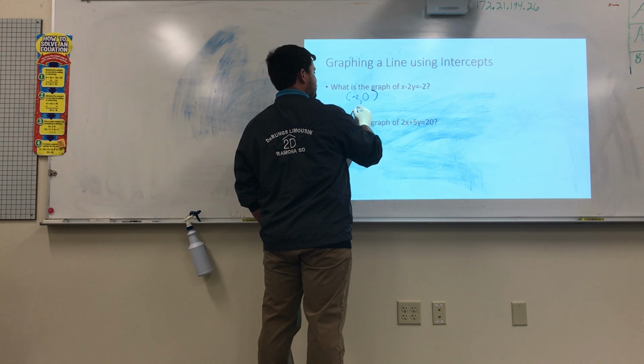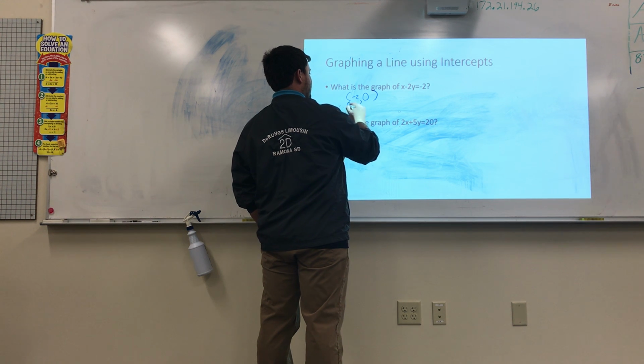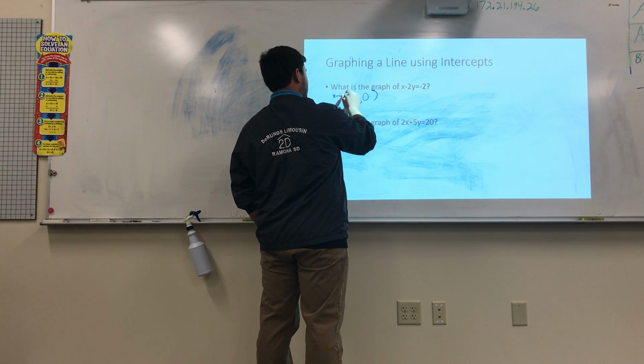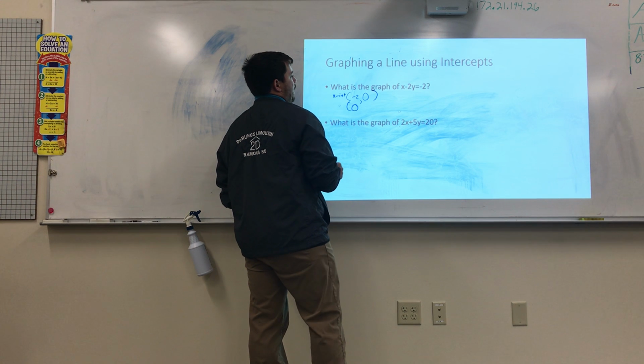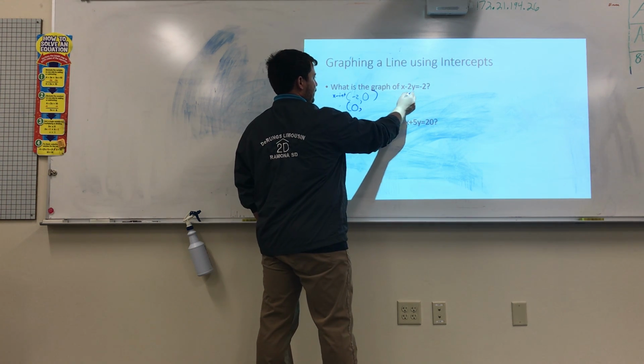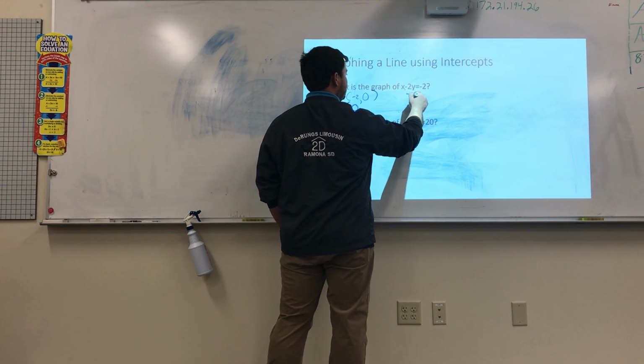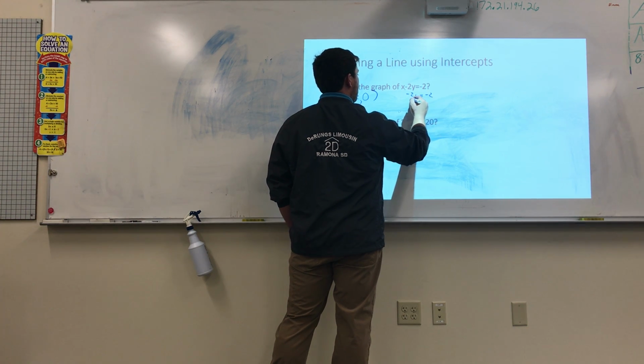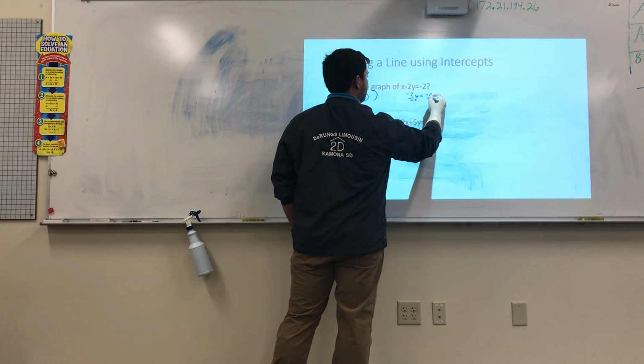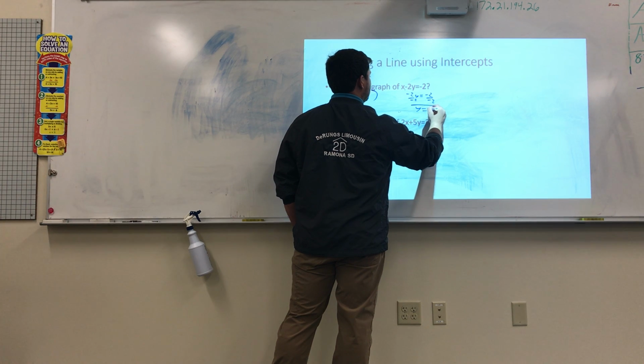The x-intercept is where it crosses the x-axis. For the y-intercept, x is 0, we have negative 2y equals negative 2. Divide by negative 2, divide by negative 2, y is going to equal 1.